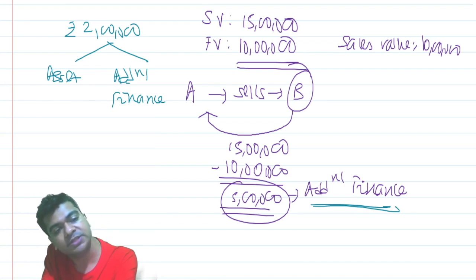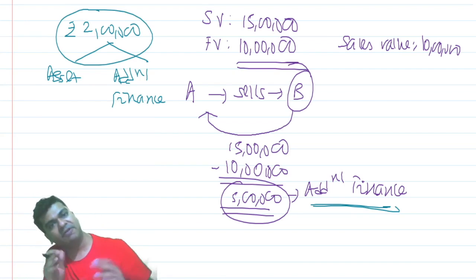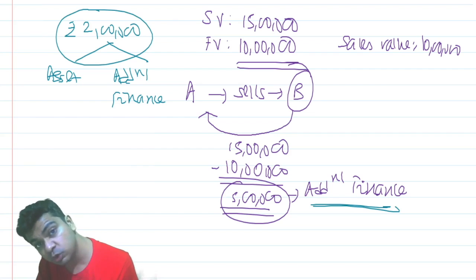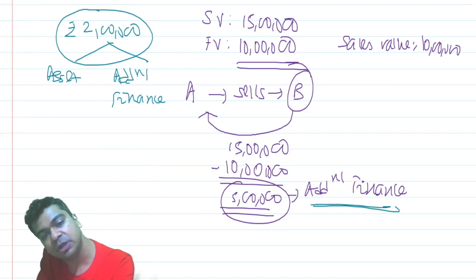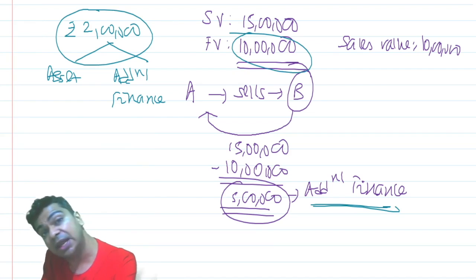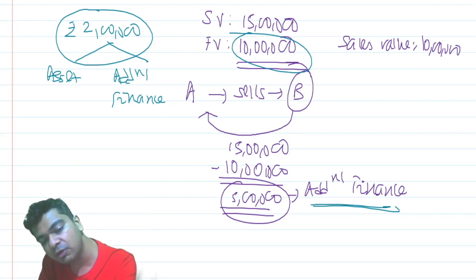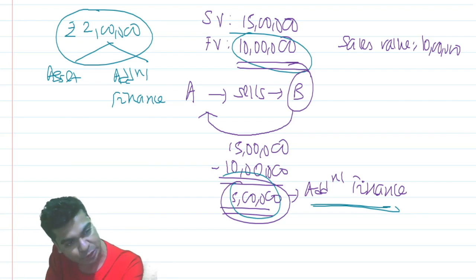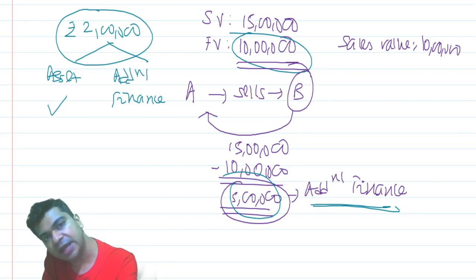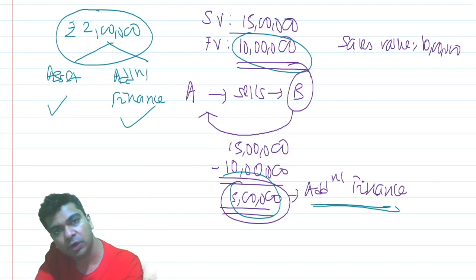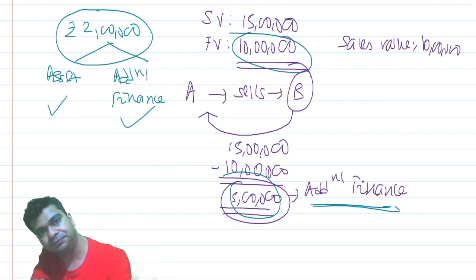Now the lessor quotes a lease rent of 2 lakhs. Entire 2 lakhs is not for the asset, because the asset is actually worth only 10 lakhs. So the lessor is recovering 10 lakhs, and also this extra 5 lakhs. So a part of it is for the asset, a part of it is for the additional finance.